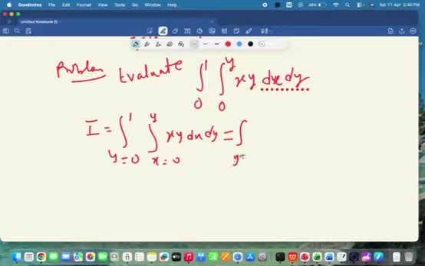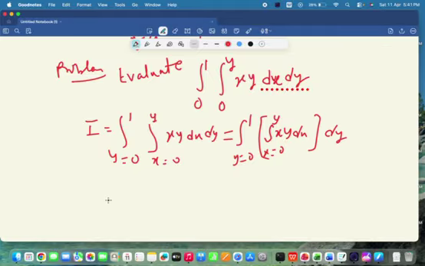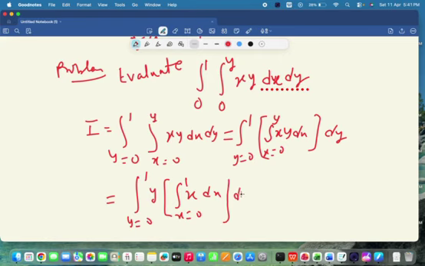So first we have to solve the variable limit, that means x is equal to 0 to y, xy dx and then dy. Since we are solving the x limit, y will be constant, we can take it outside and we will simply solve the x limit, x dx and dy.